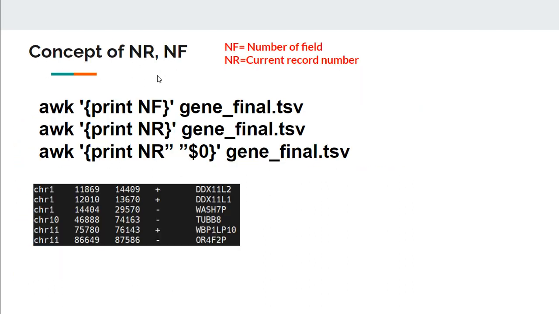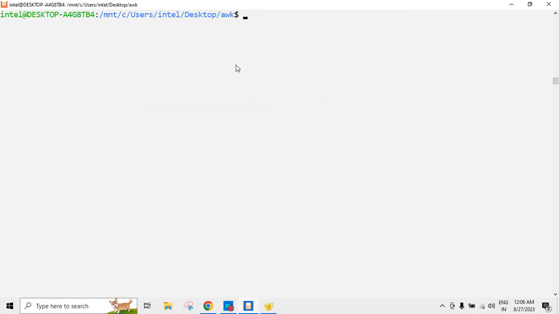Now a very interesting thing we'll see: we'll use these two more special variables called NR and NF. NF we have seen, NF will give you the number of fields in each record, while NR will give you the current record number. Okay, this is very important. I'll just show you.